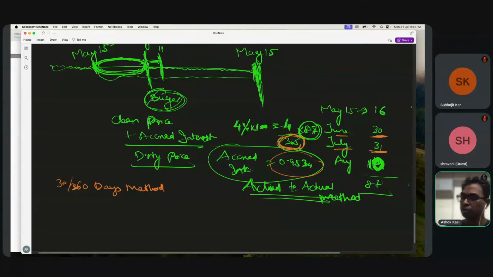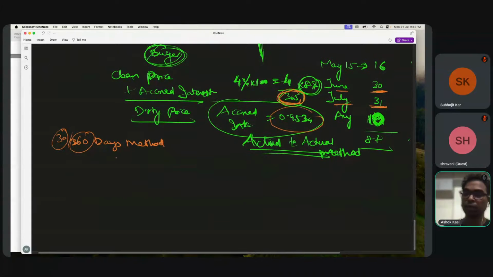So the company will say, look, I will assume that every month has 30 days and there are 12 months in a year, so that becomes 360. I don't care whether it is February or June or July. For me, each month has 30 days. Simple. Let me focus on my work. That way they will follow. I'll show you now which companies follow this, one or two examples.